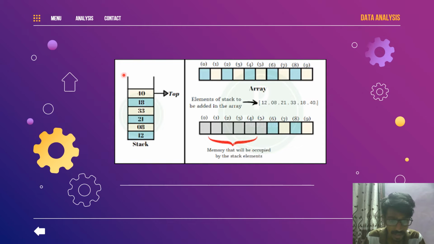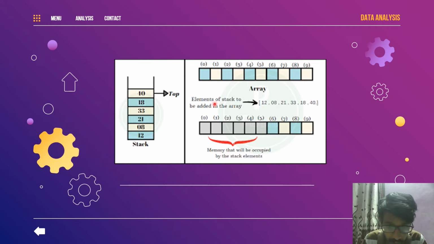Here a stack is given, with some data, and the topmost element is marked as top. This can be converted into an array by just placing the data from the stack into an array, from position 0 up to the number of positions that is needed.